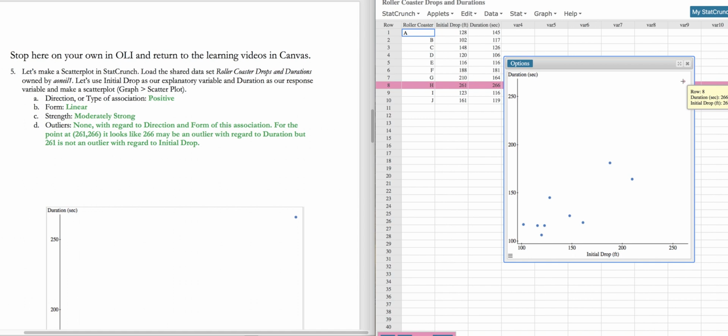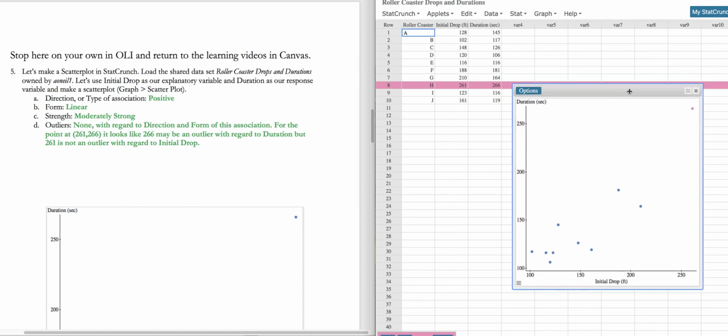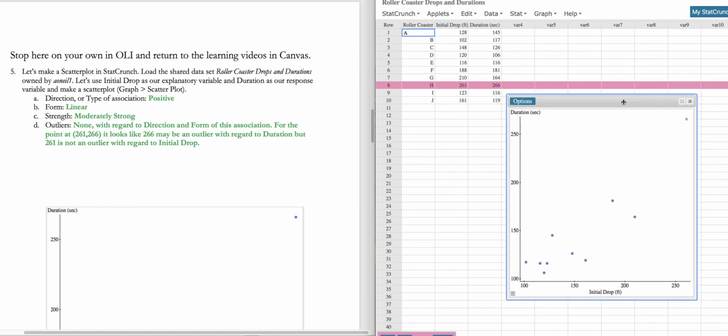Well, that's the duration of 266. So that is a really big gap from 181 up to 266. So I think that duration probably is an outlier. But again, in terms of linear correlation, yes, it's far away, but it follows the form, it follows the direction, so it is not an outlier.